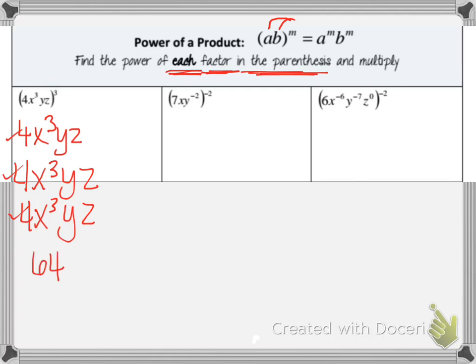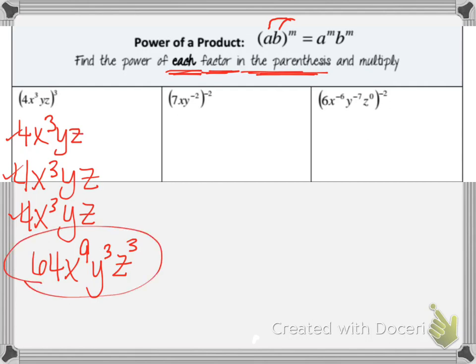All right? And now, since you have 3 x to the 3rds, you are multiplying like bases, so you're going to add those exponents. So you have 3, 6, 9 x's, okay? And then you have 1, 2, 3 y's, so that's y to the 3rd. And then you have 3 z's, so that's z to the 3rd as well, okay? And then that's your final answer.